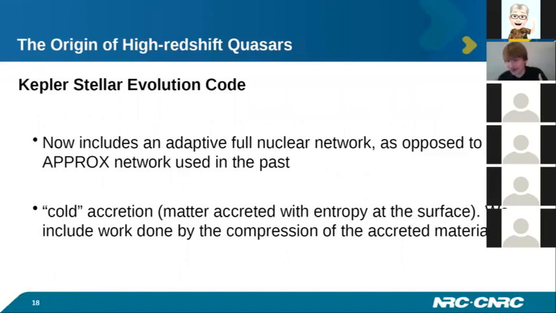Kepler was actually one of the earlier codes to try to model the classic idea of how these supermassive stars would evolve, going back to the 80s, but of course there have been many upgrades to Kepler since the 80s. We now have a full adaptive nuclear network, including accretion and following these things from relatively low masses as they grow to become supermassive.